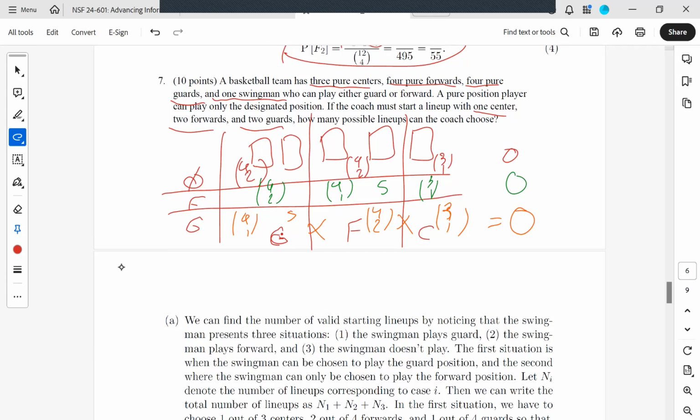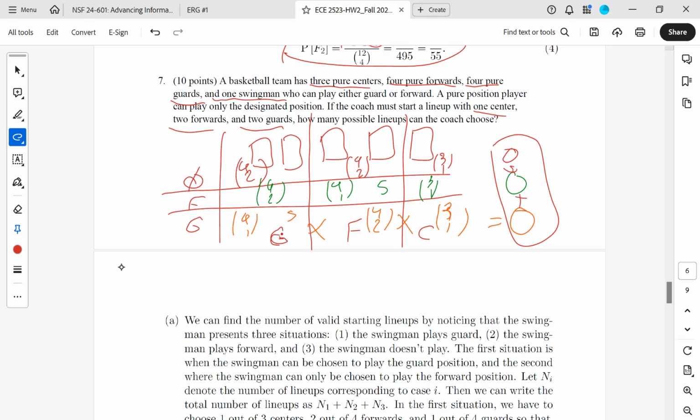Now, what is the relation between these 3 conditions? It's the or condition, because the coach could use the swingman as guard, or use the swingman as forward, or not use him at all. So it's going to be the summation of the 3. Make sense?